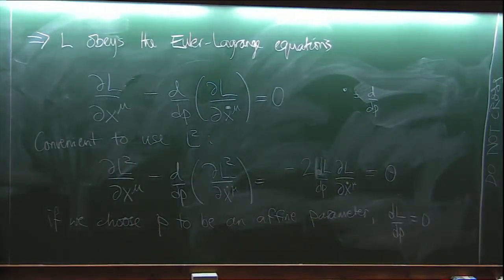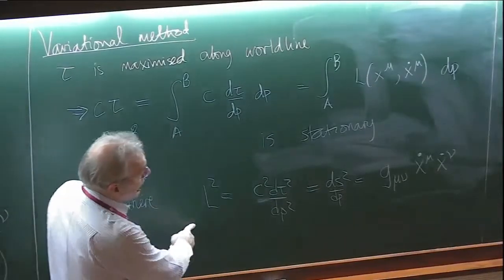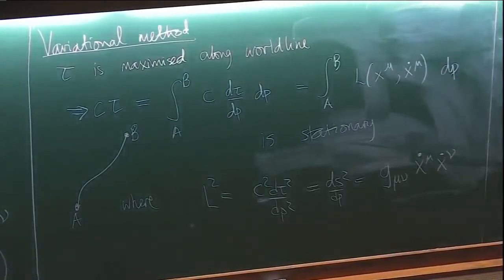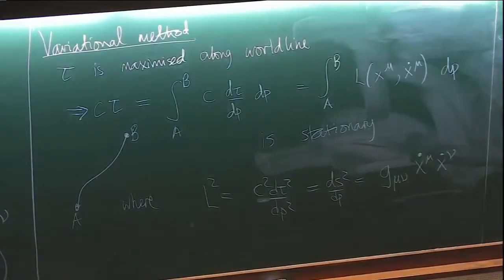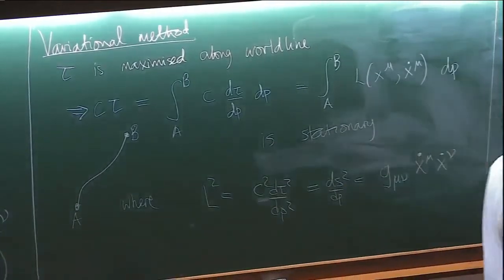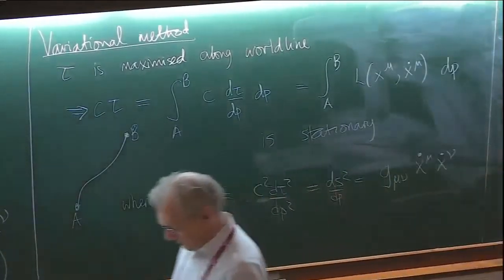You can always do this, and that makes things just a bit more convenient because you no longer have any square root that appears if you look at L. It doesn't really matter how we parameterize this curve, because in the end what you end up with is 4 parametric solutions for the 4 space-time coordinates in terms of the parameter, and you would then typically eliminate the parameter to get the spatial positions as a function of time. So it doesn't really matter too much what this parameter is. It's going to be eliminated in the end.